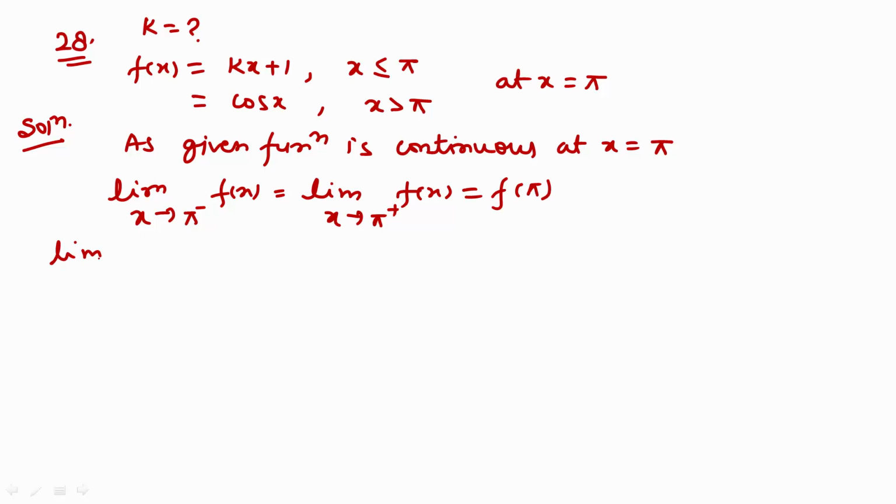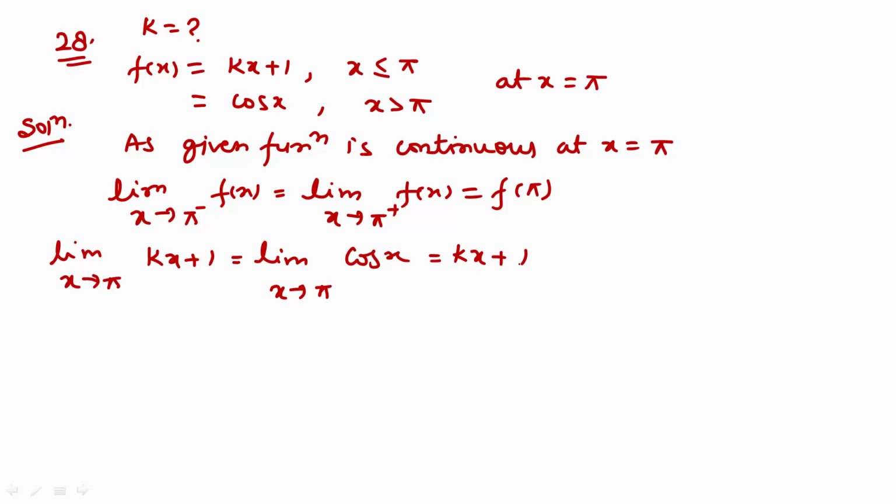Limit x tends to pi minus, the function will be kx plus 1. Limit x tends to pi plus, the function will be cos x, and f of pi, when x is equal to pi, again the function will be kx plus 1.